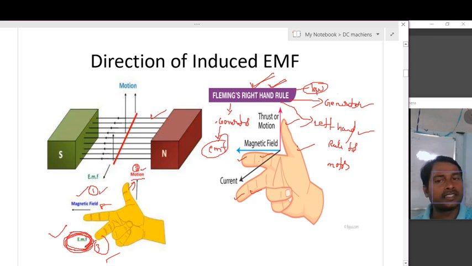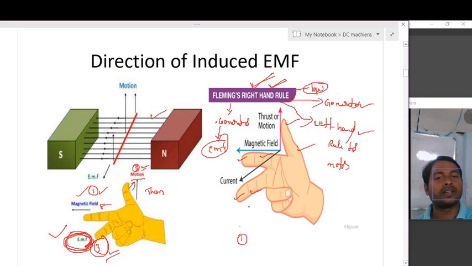The second one, the thumb, indicates the motion of the conductor. Then the middle finger indicates the induced EMF. So first we should express flux.